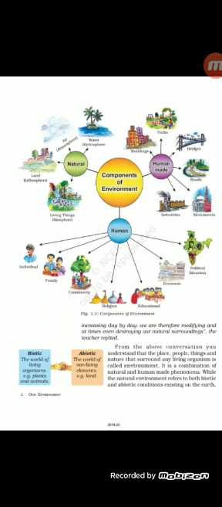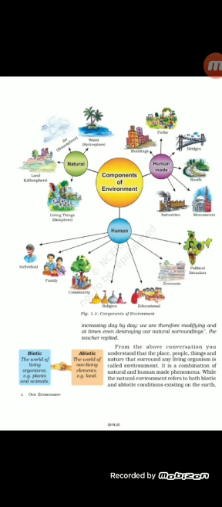While the natural environment refers to both biotic and abiotic conditions existing on the earth. Okay, there are two conditions in natural environment: abiotic and biotic.